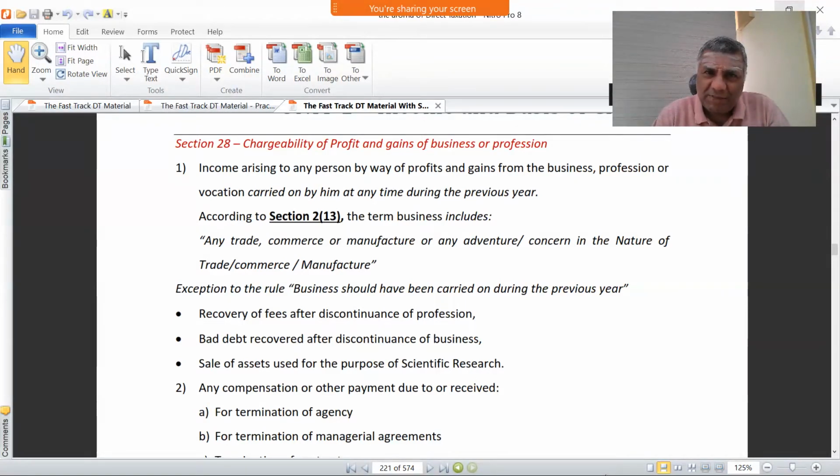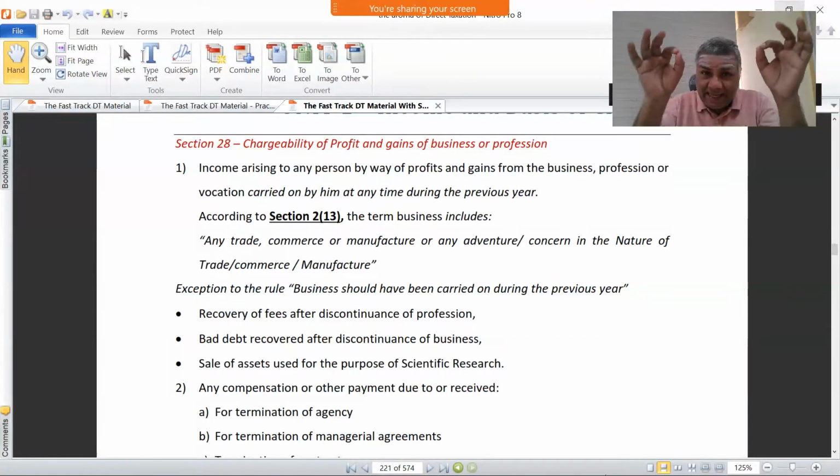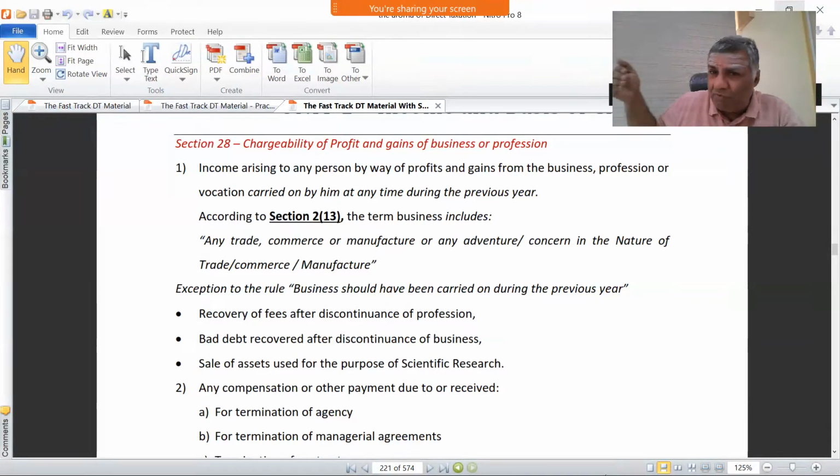Salary is taxable either on due basis or on receipt basis, whichever is earlier. So for all other things, here the biggest advantage is that section 28 is an inbuilt section which also gives you the nature of incomes which are taxable under this chapter.